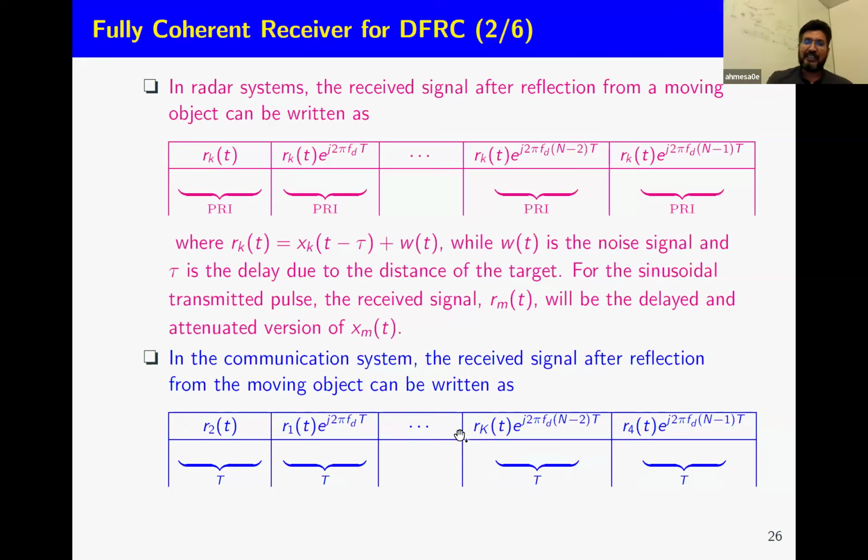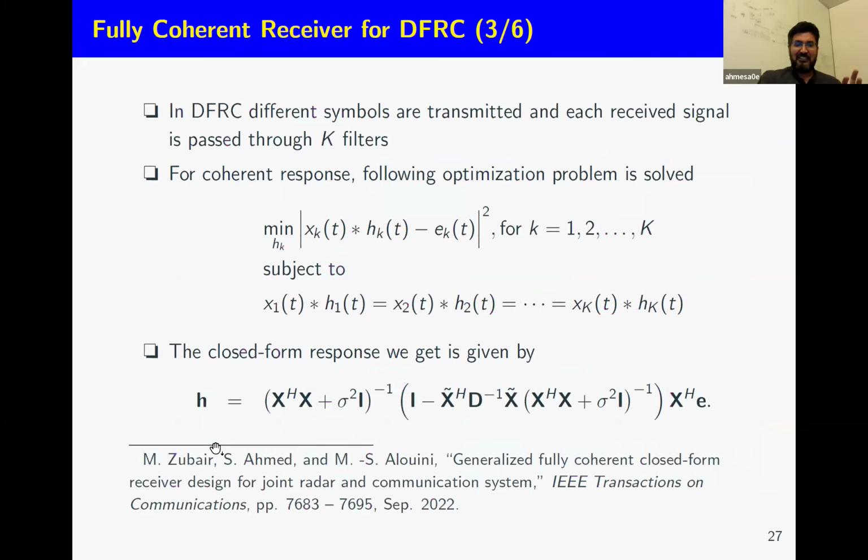So we are looking for a way to process them such that they don't change. After processing, whether I transmit +1 or -1, the thing that I get is the same, right? For that, we provided one solution.